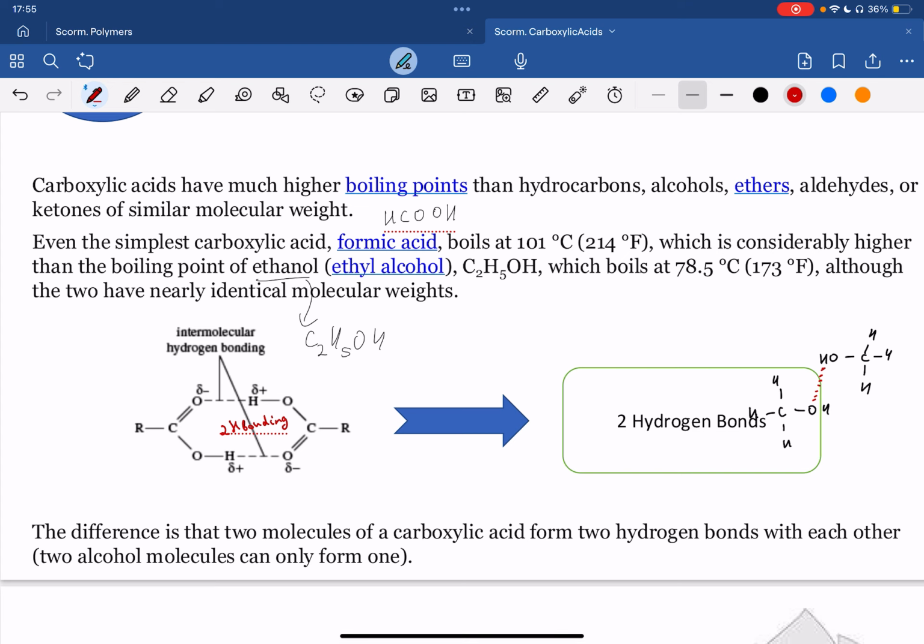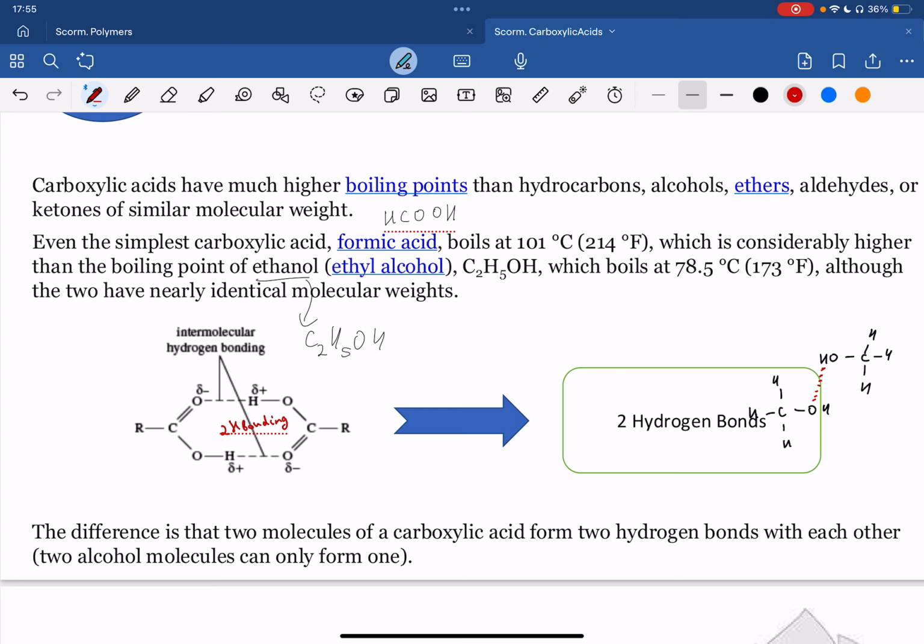That's why carboxylic acids, if we compare them with alcohols or alkanes with approximately similar masses, always have higher boiling points because of the two hydrogen bonds. Also, hydrogen bonding is stronger, so it really doesn't depend much on the masses.